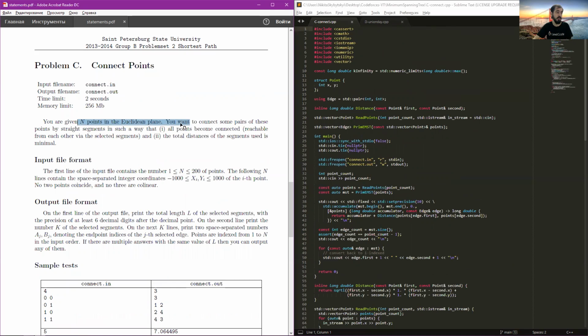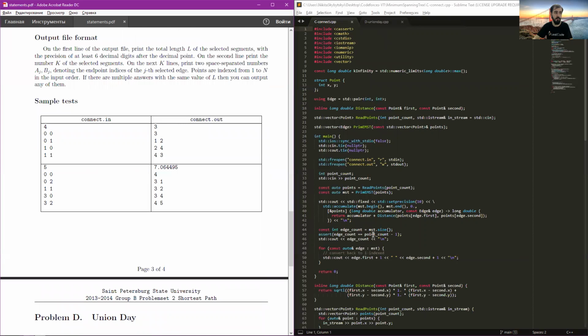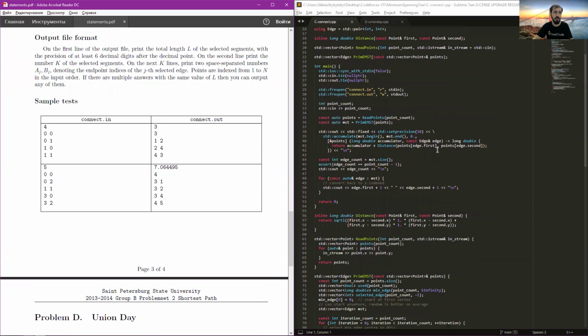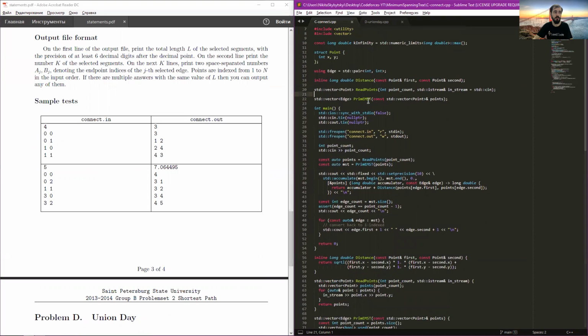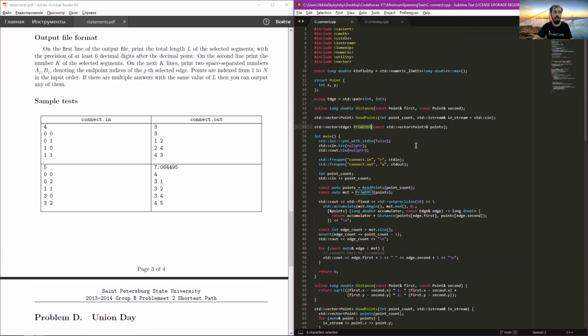We are given points in the Euclidean plane, and only 200 points, whatever. Points have some coordinates. We want to join them. We obviously use Prim's algorithm for EMST.